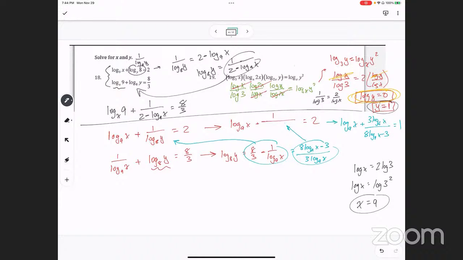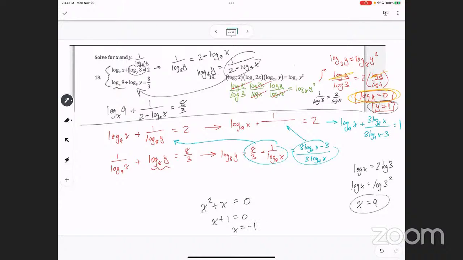But I just recognize the fact that the log of y, it's kind of like if I had this problem, x squared plus x equals 0. What's the solution to that? So what some people might say is, oh, I'm just going to divide both sides by x, which means x plus 1 equals 0. And that's true.